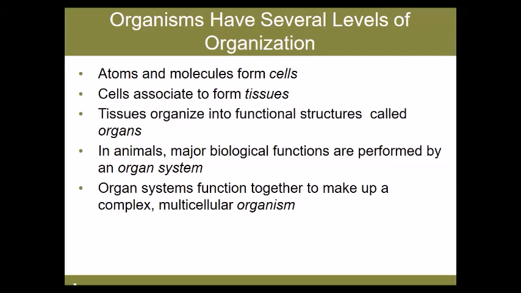You may study the urinary system, or the digestive system, looking at all of those organs and their interactions in the human body. And then once you have all of the organ systems in place, you have the complete multicellular organism. So this shows you the hierarchy of how things are interrelated.